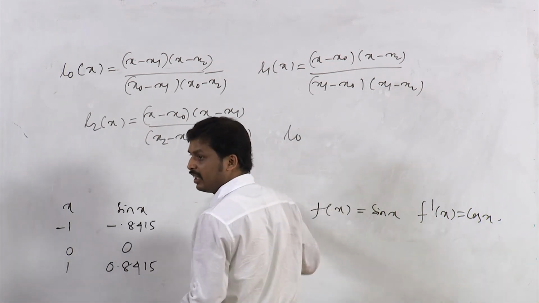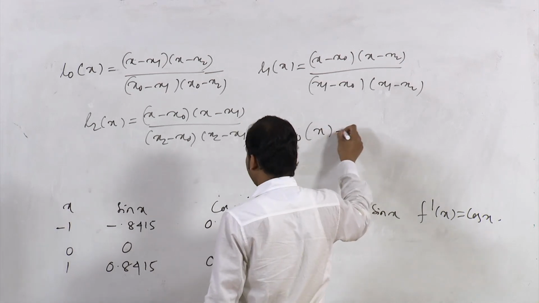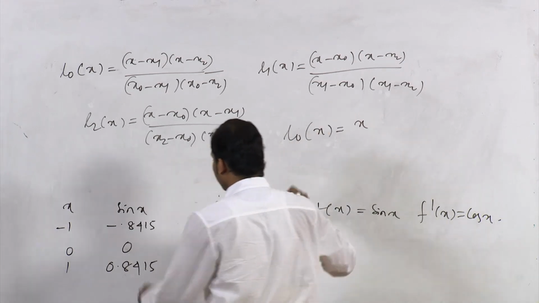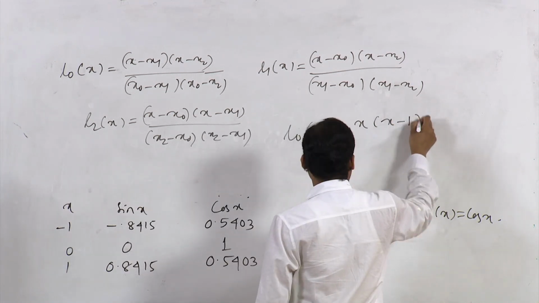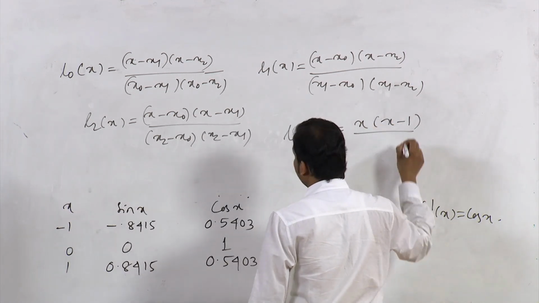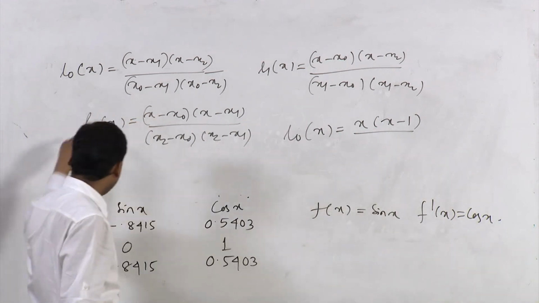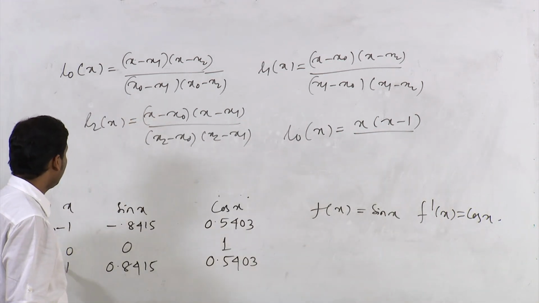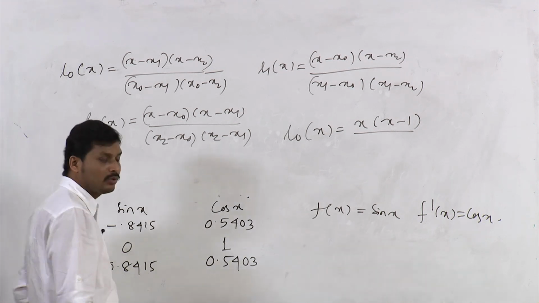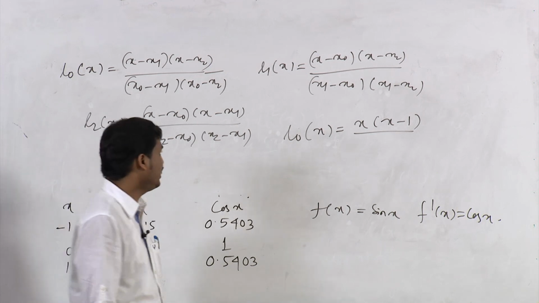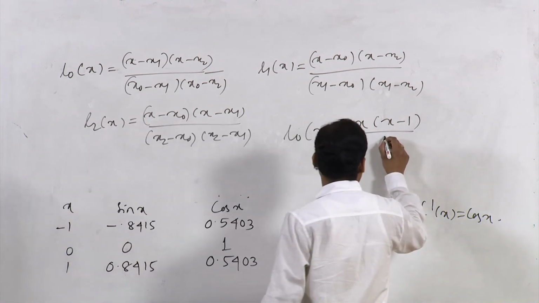If we put these values in, L0 of x can be written as x into x minus 1 divided by, since x0 is minus 1, minus 1 minus 0, then minus 1 minus 1, so minus 2 it is. Definitely minus minus, so it will come as 2.